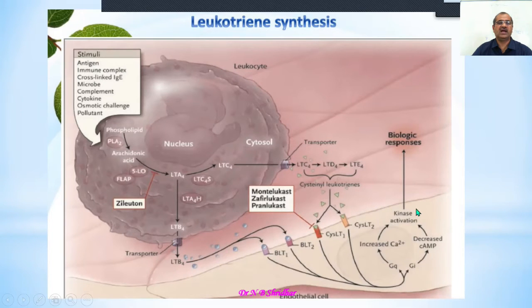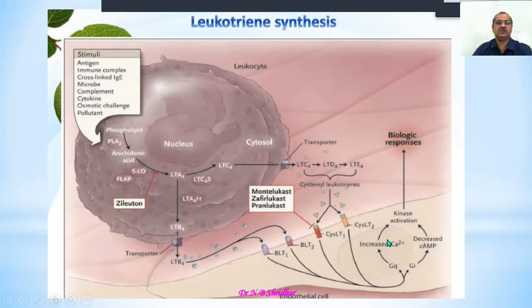And the biological response, especially kinase activation, etc. Whenever the leukotrienes act on the target cells, such as endothelial cells, there will be Gq type of proteins and Gi type of proteins.